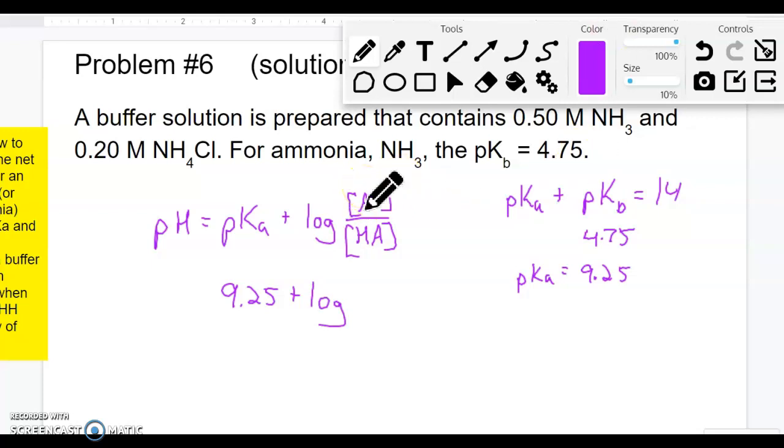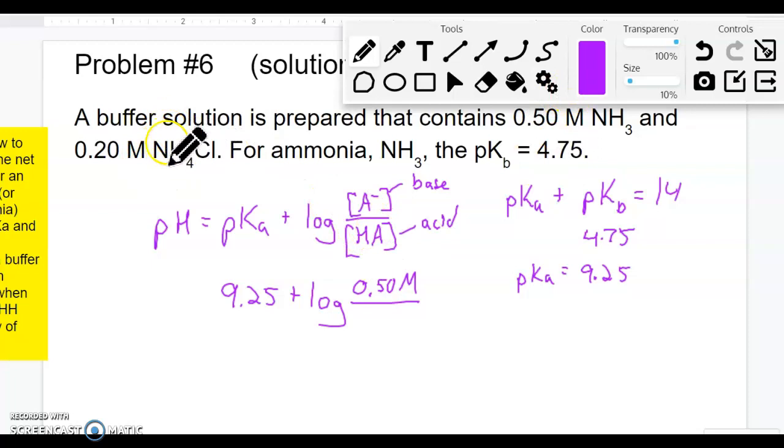This A minus is the conjugate base, or you can just think of it as a base, because HA is our acid. And so when I was originally talking about these, remember NH3? NH3 was actually the base. And so our concentration of that is 0.50 molar over the concentration of the acid.